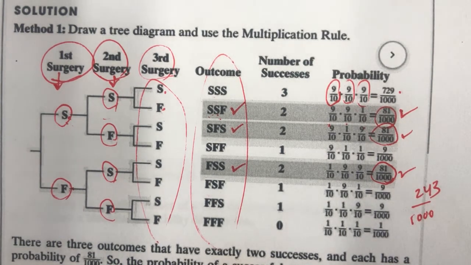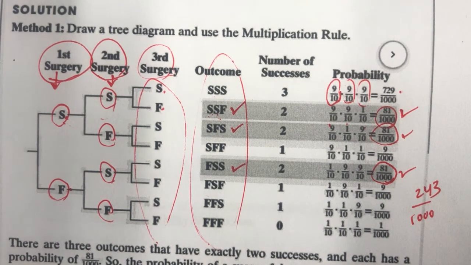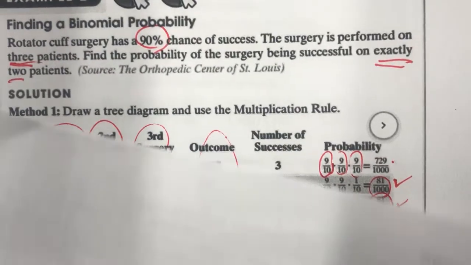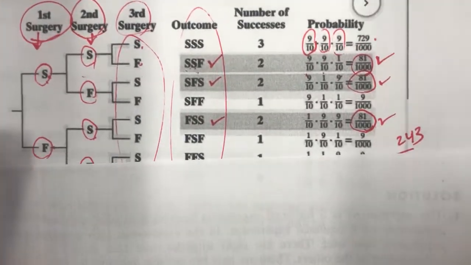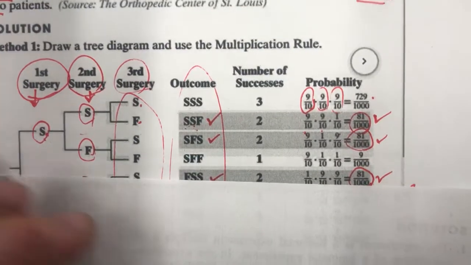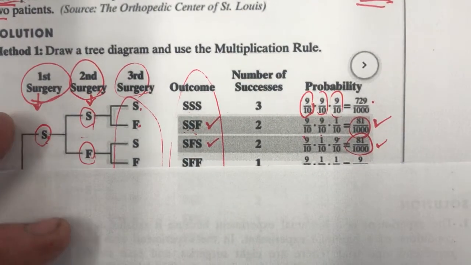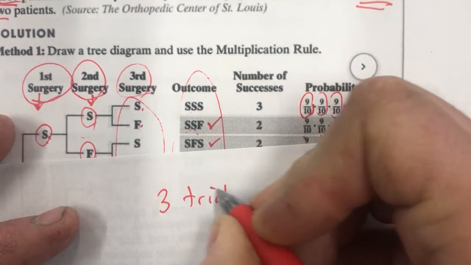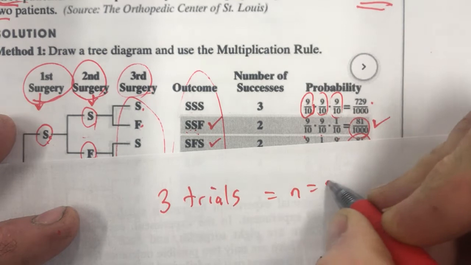Okay, now suppose I do this with the formula that I just showed you right there. All right, so here, just write this down here. So there's 3 trials, which means n equals 3.